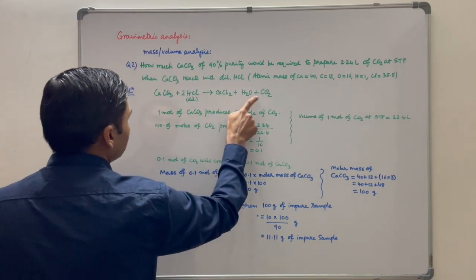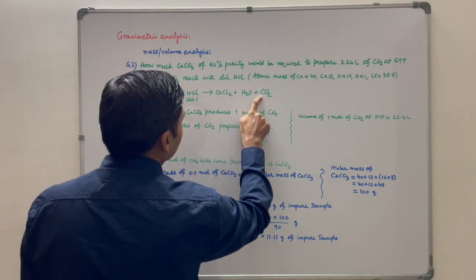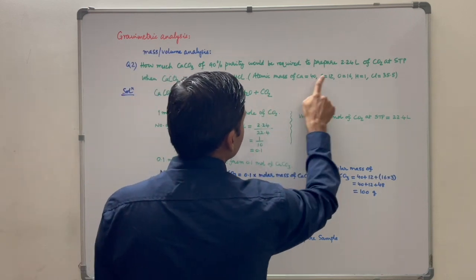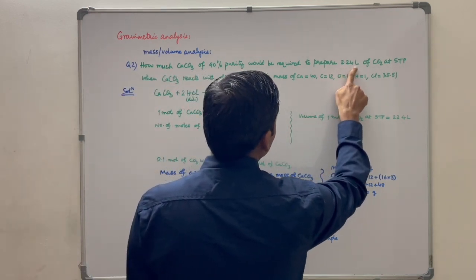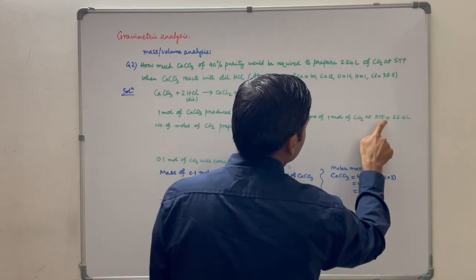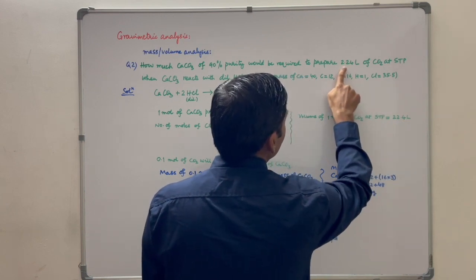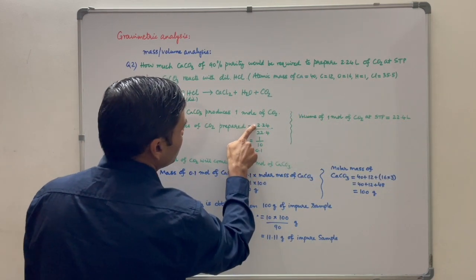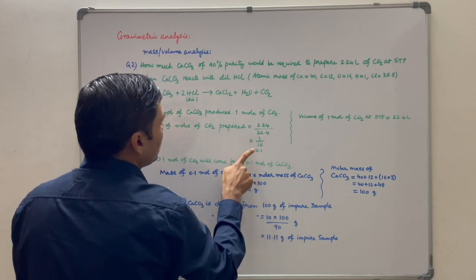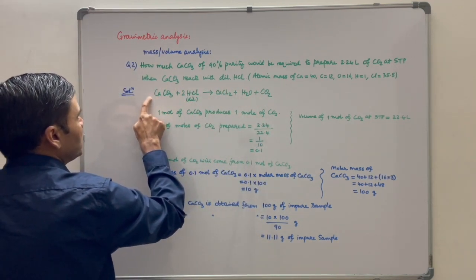It is clear from this equation that 1 mole of calcium carbonate produces 1 mole of carbon dioxide gas. Carbon dioxide gas that needs to be produced is 2.24 liter. We know that volume of 1 mole of any gas at STP is 22.4 liter. So number of moles in 2.24 liter of carbon dioxide will be 2.24 upon 22.4, that is 0.1 mole. So 0.1 mole of carbon dioxide will come from 0.1 mole of calcium carbonate.